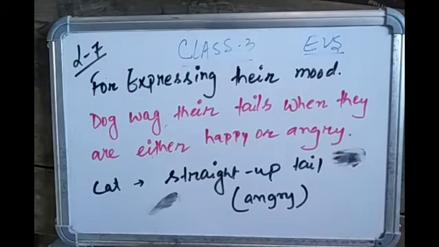So for expressing their mood, dogs wag their tails when they are either happy or angry, and cats straighten up their tail and tell us that they are angry.